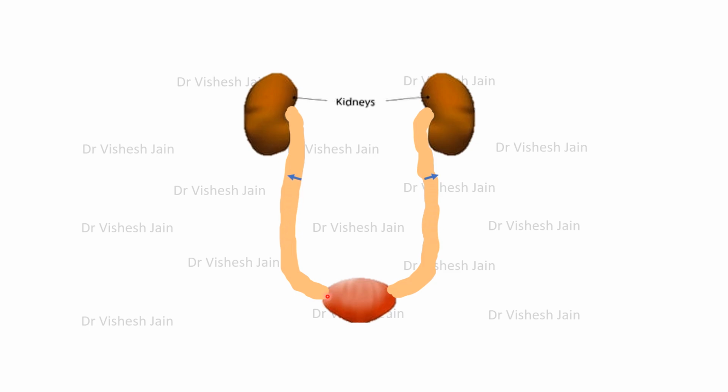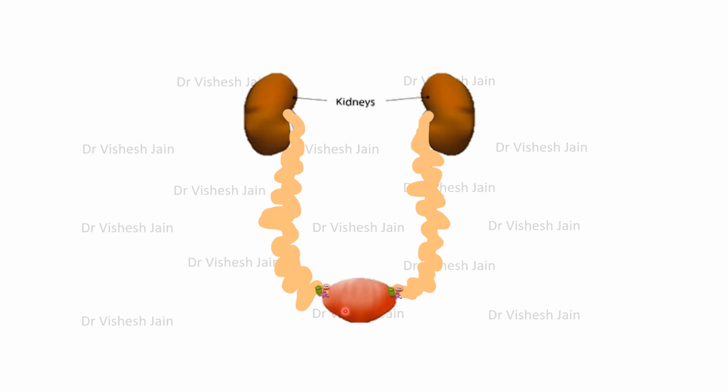Because of continuing reflux, the ureters may dilate more and ultimately become more tortuous. Once the ureter becomes tortuous, that is, they have a wavy pattern rather than straight tubes, the urine can easily stagnate inside, which is a very good culture media for bacteria to grow.